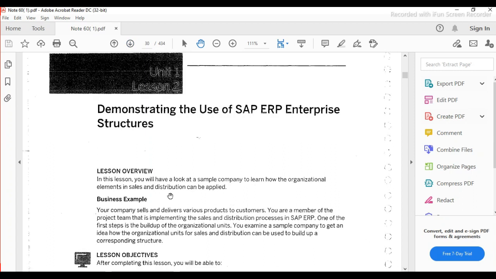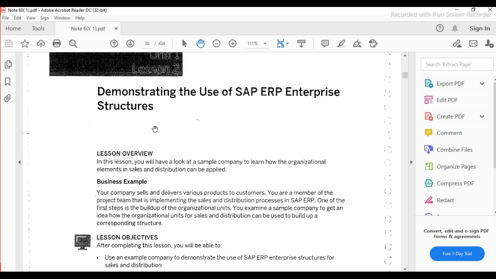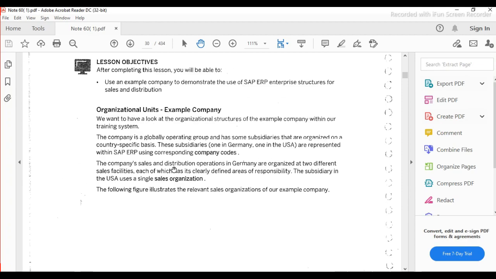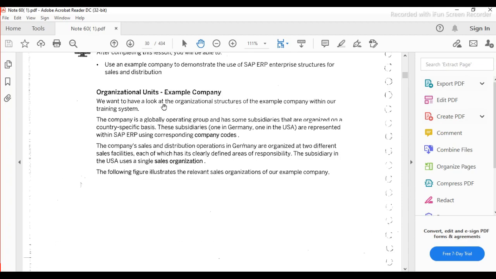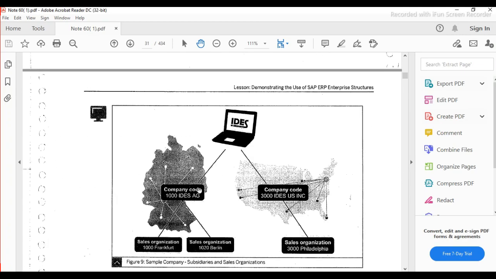The next lesson demonstrates the use of the SAP ERP enterprise structure with this example company.